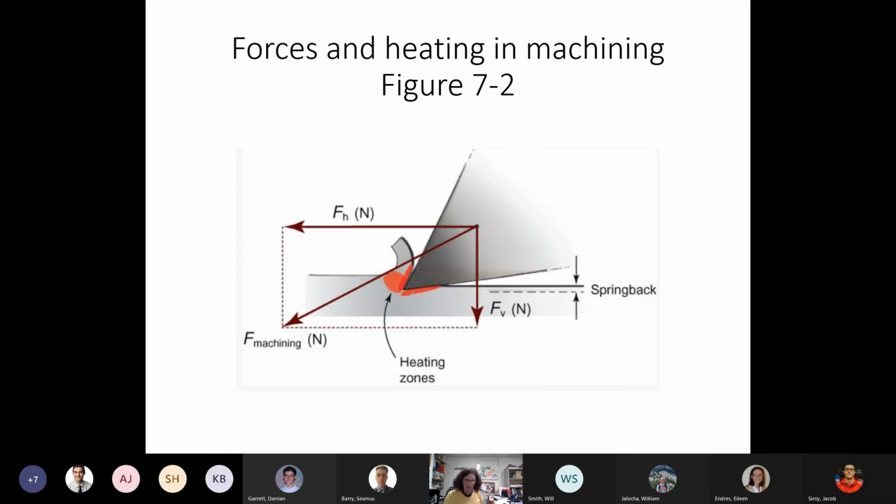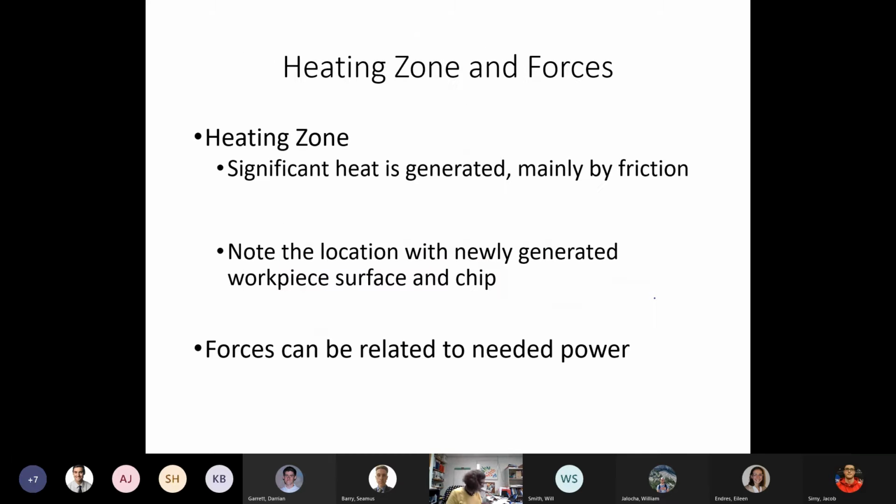There are some other terms we'll see again. You do see this term springback, which we talked about in terms of the recovery of elastic deformation, but that's not really going to be a big thing in machining.